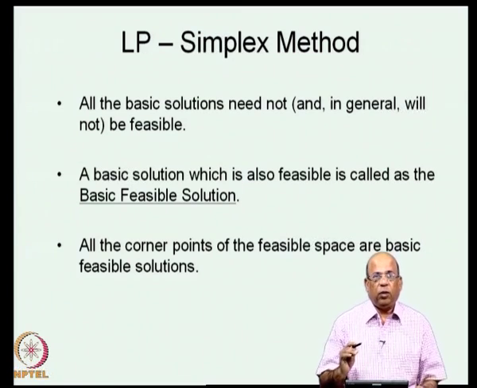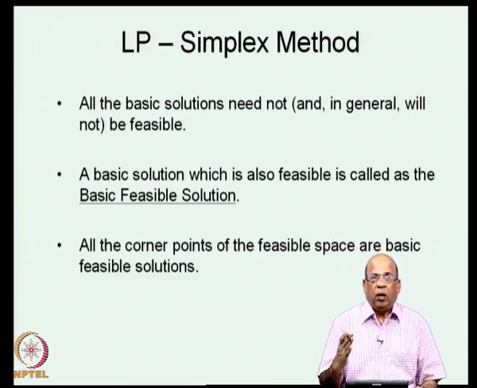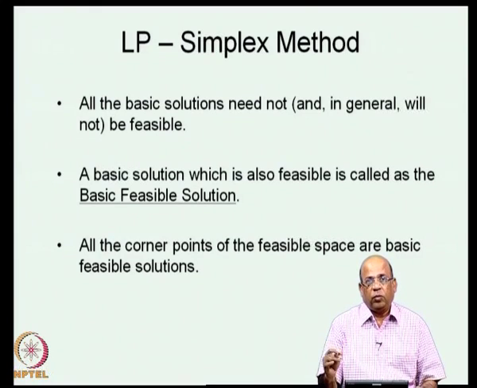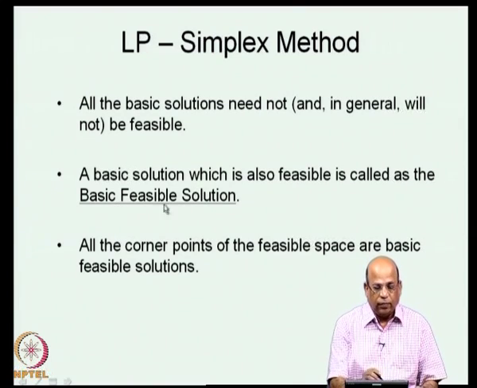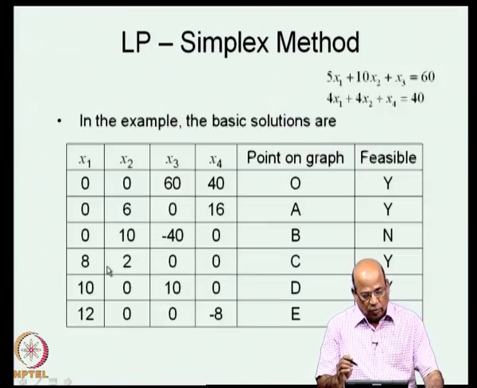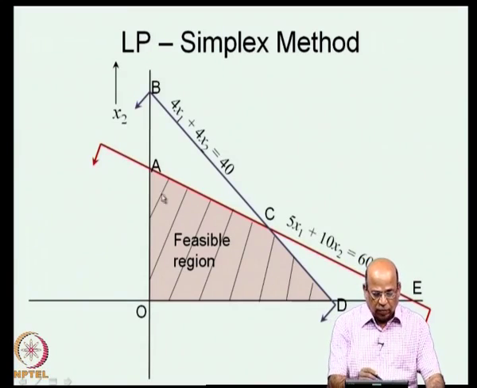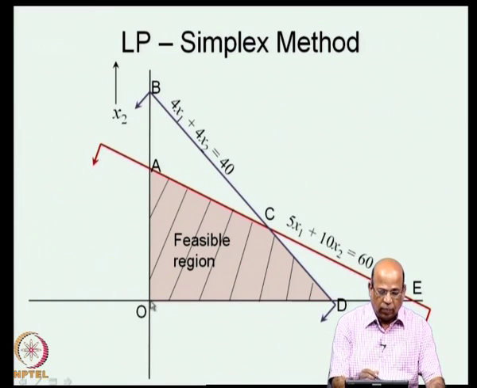So, these are important points that you must remember. All the basic solutions need not be feasible, and the basic solution which is also feasible is called a basic feasible solution, and all the corner points of the feasible region are basic feasible solutions. Why are they basic?